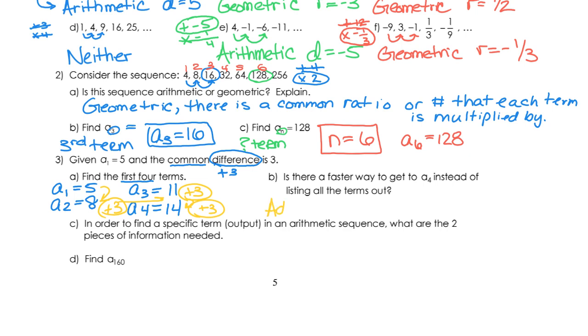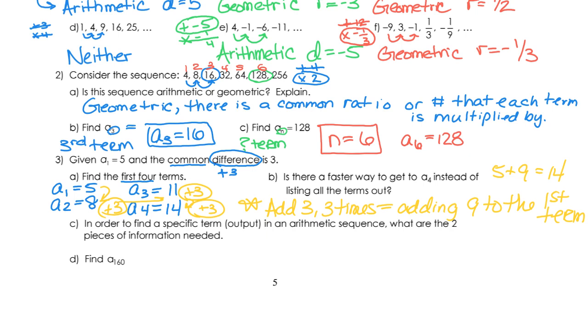So we're adding 3 times, which means that we're really adding 9 to the first term. And our first term was 5, and 5 plus 9 is 14, which was our fourth term. And so that is one way of thinking about it, okay?